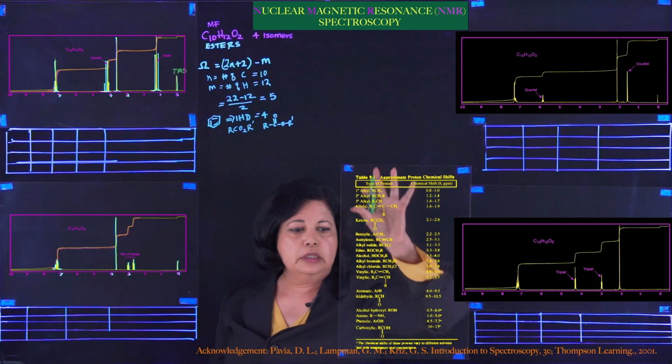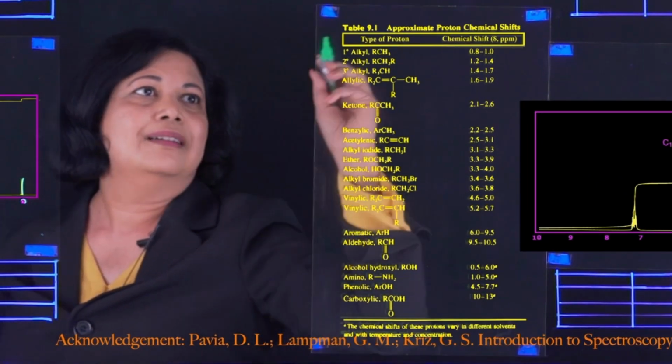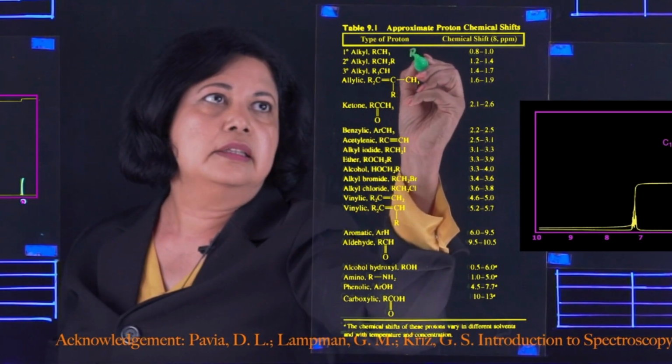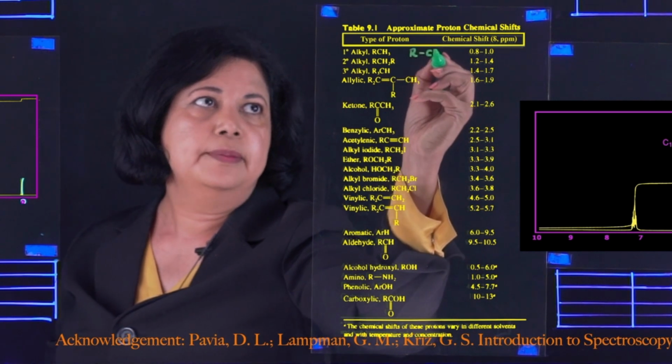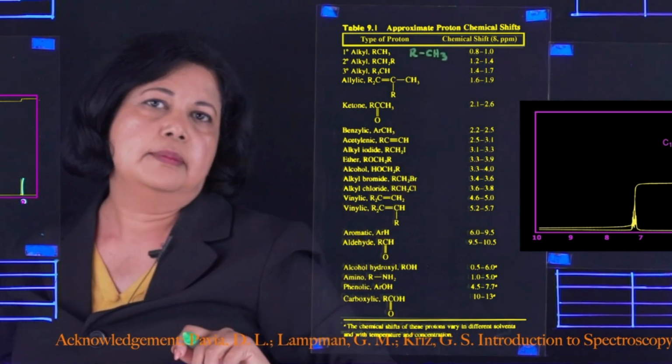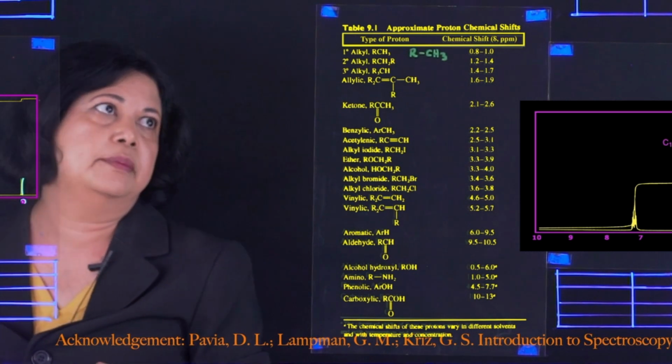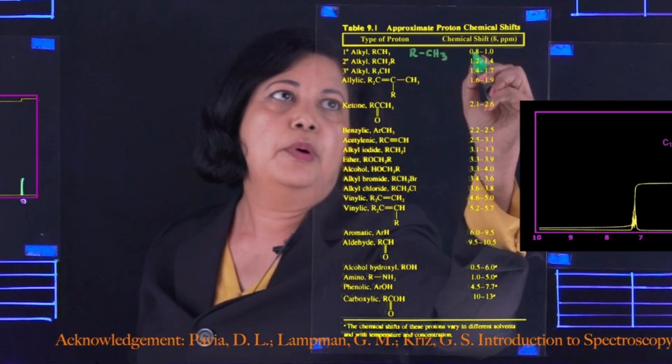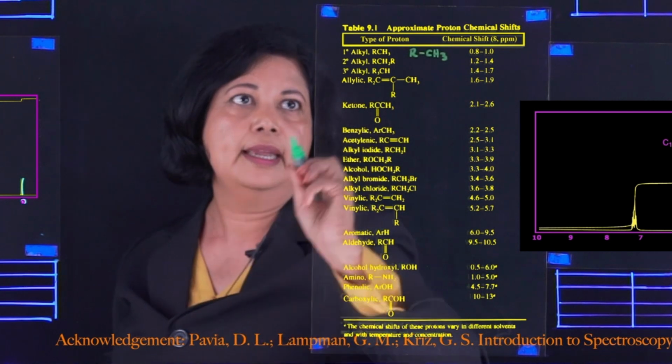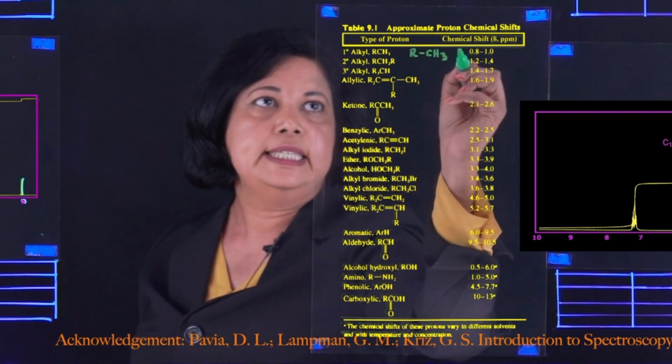Let's just take a walk through this chart, shall we? So here's an alkyl CH3, and those are some of the most shielded protons. That's 0.8 to 1. This is a primary.